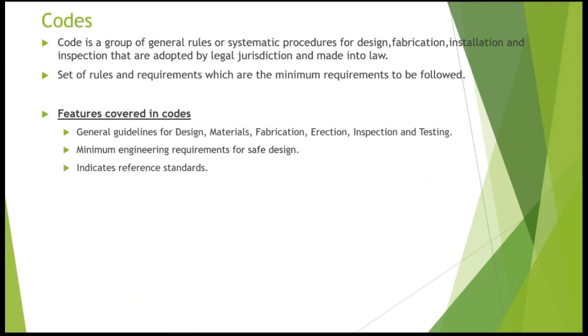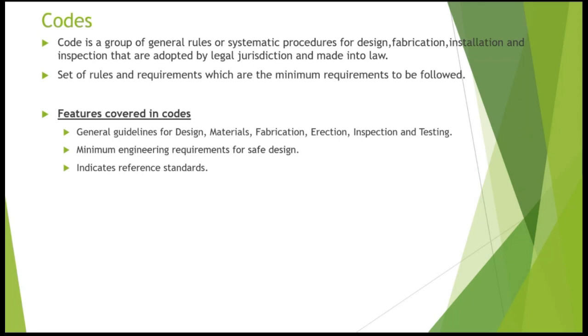Features in the codes: general guidelines for the design, minimum engineering requirements for safe design, and they indicate the reference standards. To give an example, everyone working in the piping industry must have heard about ASME B31.3.